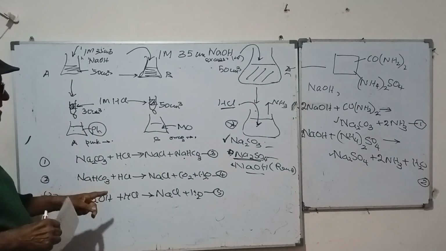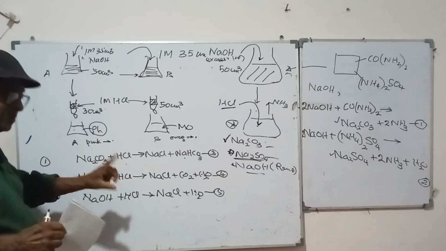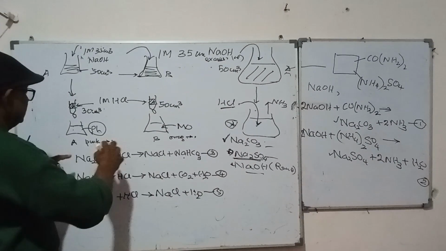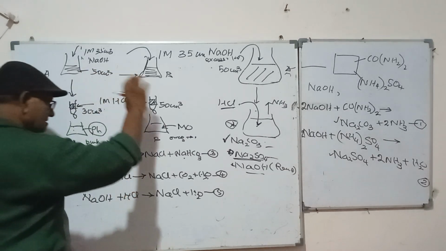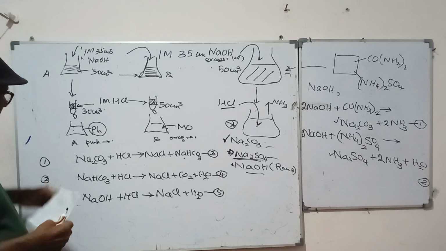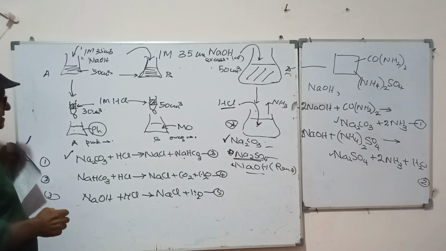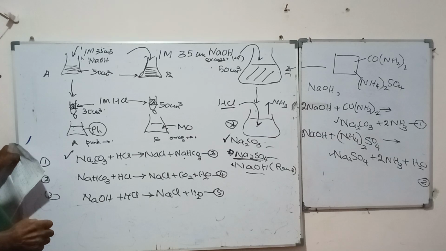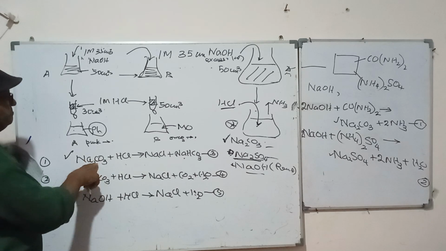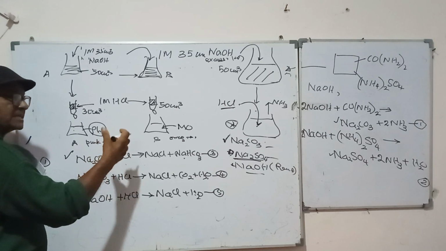Then we have to identify, out of these three reactions, which reactions occur in this titration and which in the other titration. It is clear that the first one should occur in both, because in the presence of phenolphthalein, the sodium carbonate first step occurs when we stop at the color change.